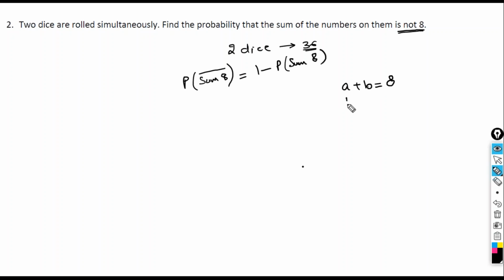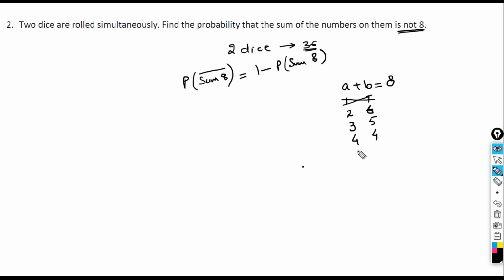So if we have 1 on first, then the other should have 7. But please bear in mind that 7 is not a possible number on a dice, so you cannot consider this case. If 2 comes on first dice, then 6 will be on second. If it is 3 on first, then 5 on second.